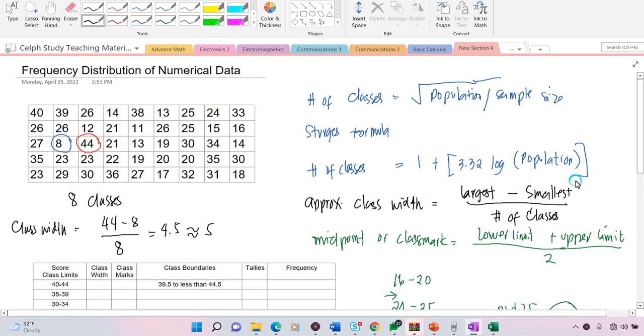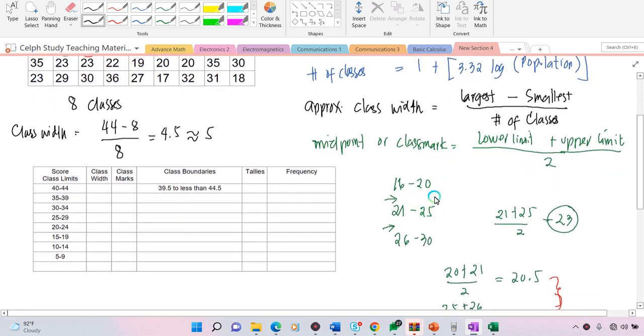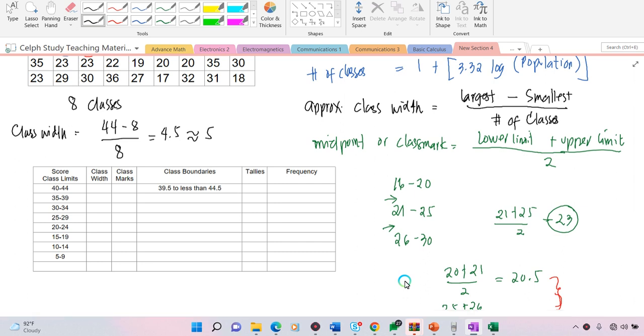Okay, for the class mark, if we want to identify it, we can use the specific formula again. Likewise, based on these formulas, we can identify the class mark and solve the class boundary. Anyway, I already prepared the table so we do not have to take time to draw it.